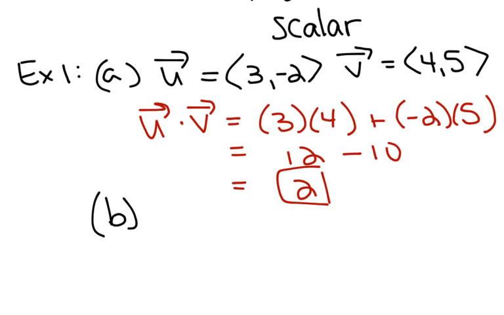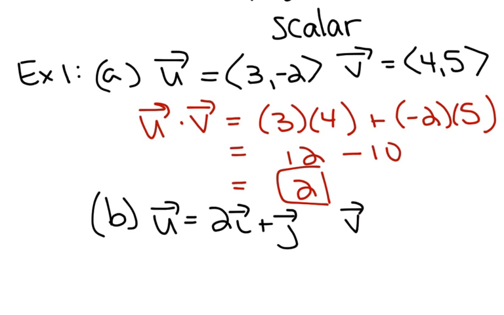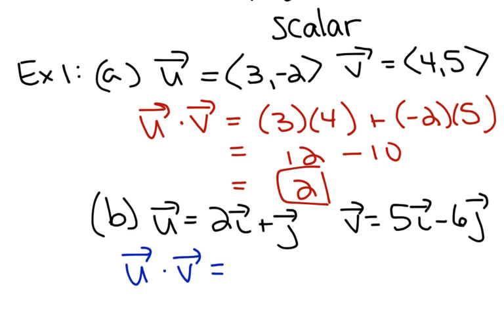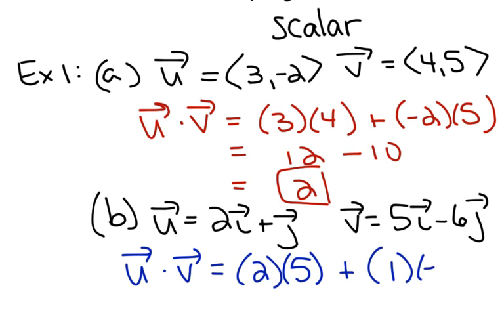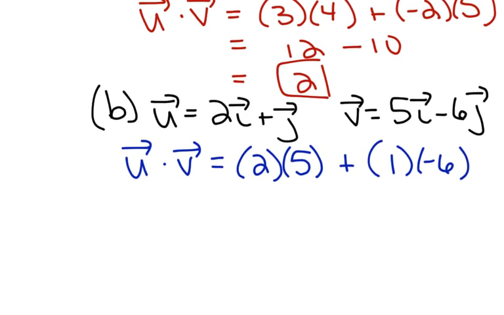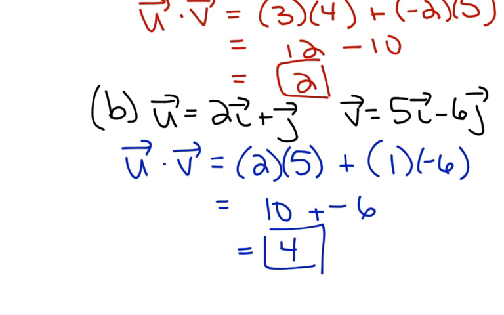So if instead I give you a problem that says vector u is 2i plus j, and vector v is 5i minus 6j, then when I find the dot product, I multiply the i's, so 2 times 5, and I add to that the j's, 1 times negative 6. So I get 10 plus negative 6, which is 4. So again, the dot product is very easy.